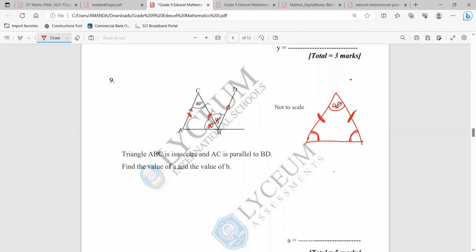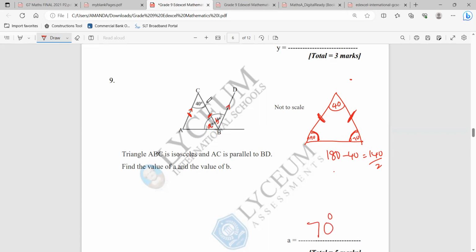So 180 minus 40 is 140, divided by 2 is 70. So this is 70, this is 70. That means A is 70.